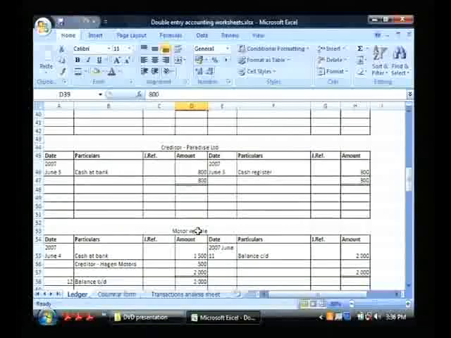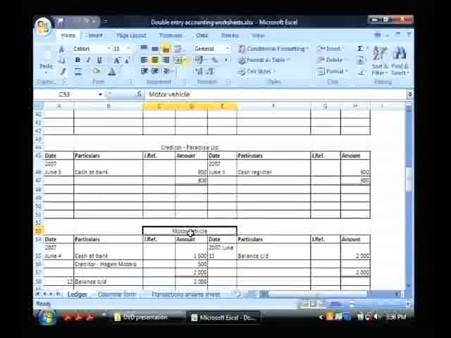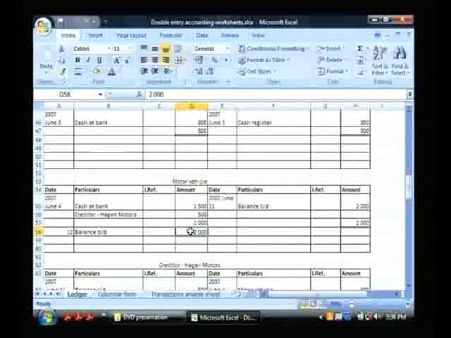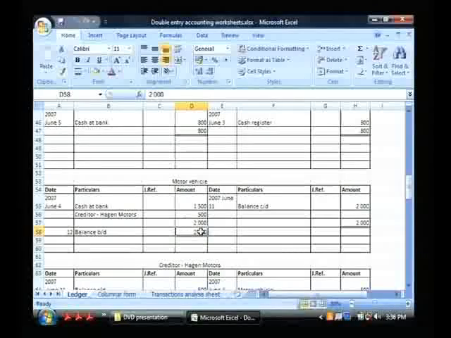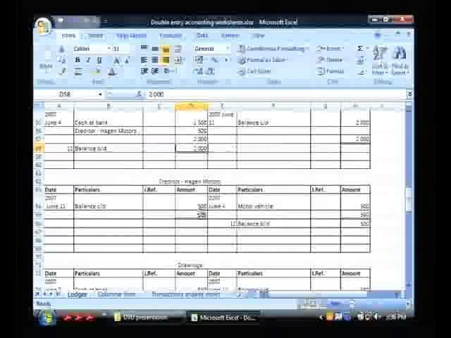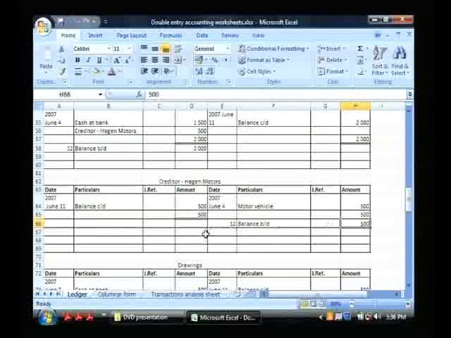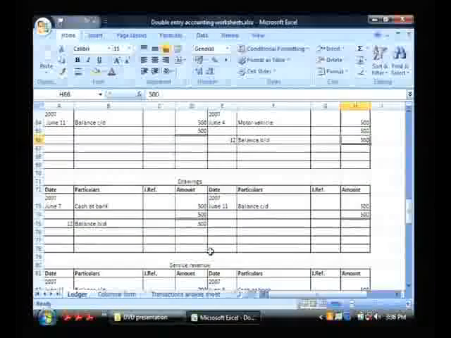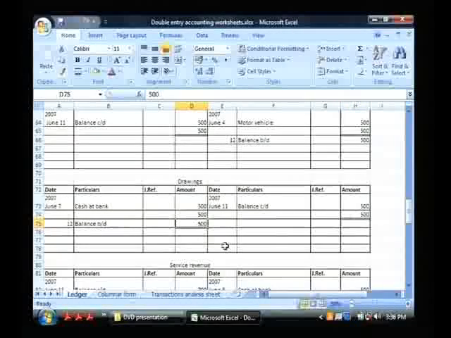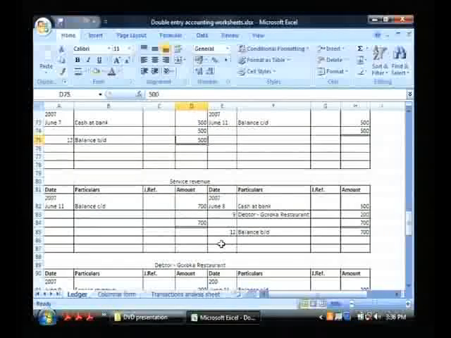And here, motor vehicle, brought down balance is recorded in the debit side, therefore it is a debit balance. Look at the creditor Hagen Motors, brought down balance is in the credit side, therefore it is a credit balance. So that is the way of identifying the nature of the account, debit or credit.